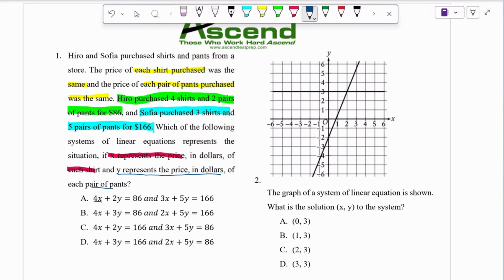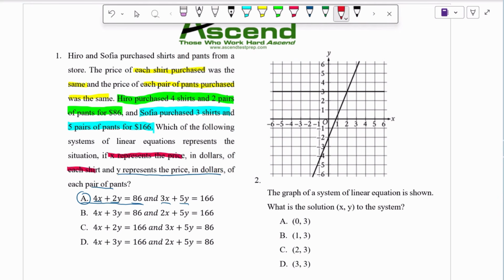Hero purchased 2 pairs of pants, that's 2y, and that's 86. I like this first setup for Hero. I don't like any of the other setups, so I'm starting to think A is my answer choice for sure. I'm going to double check it. Sophia purchased 3 shirts, that makes sense, and 5 pairs of pants for $166. It all flows through. Answer choice A shows the correct system of equations.